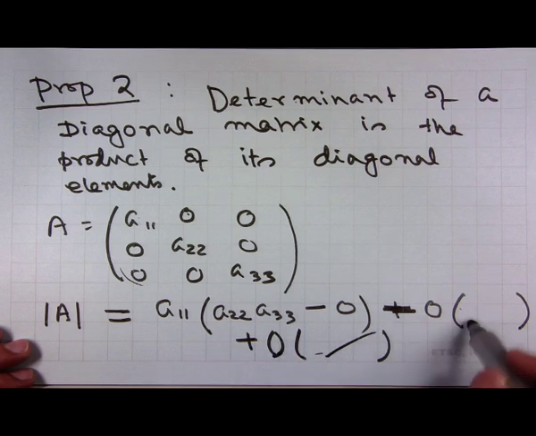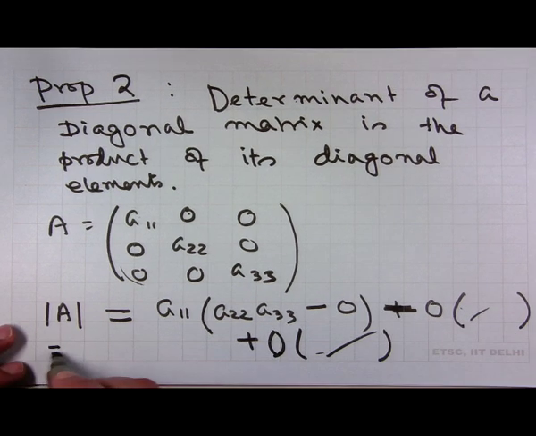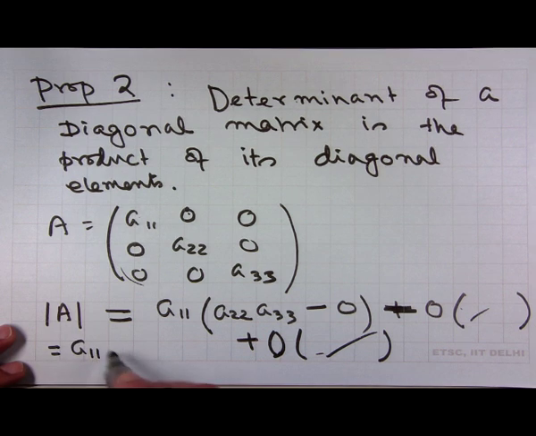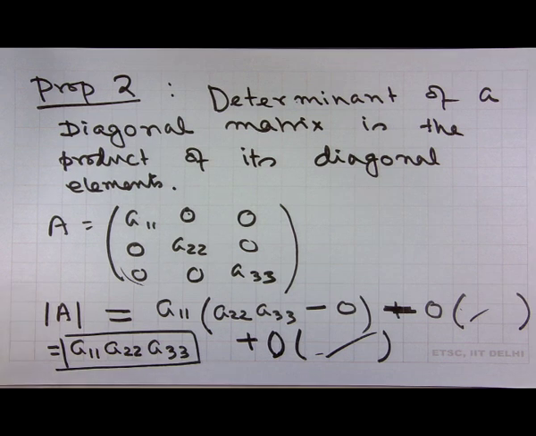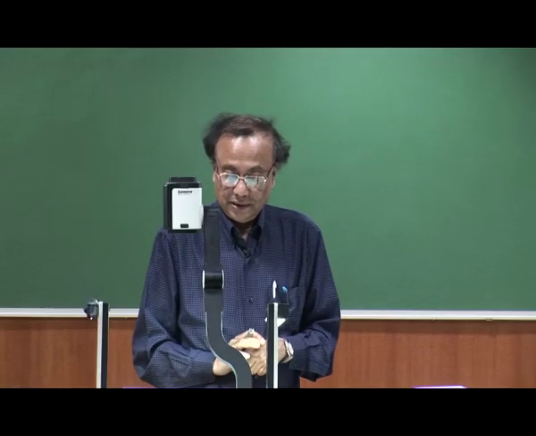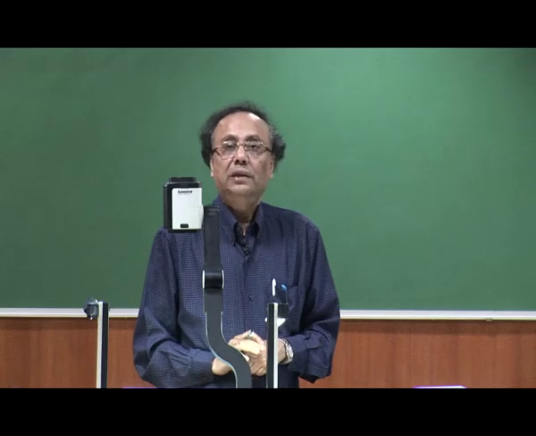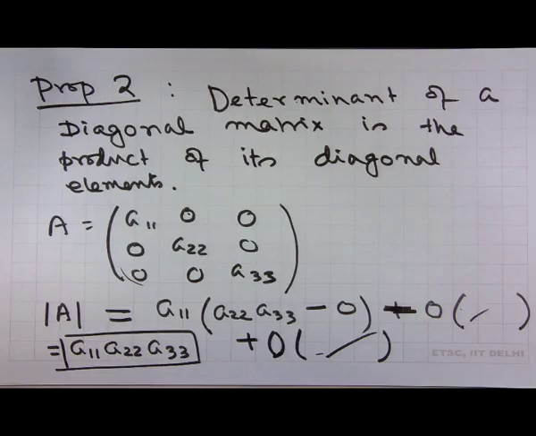Therefore, all this term vanishes. What is remaining is a11, a22, a33. Thus, if A is a diagonal matrix, its determinant is going to be the product of its diagonal elements.